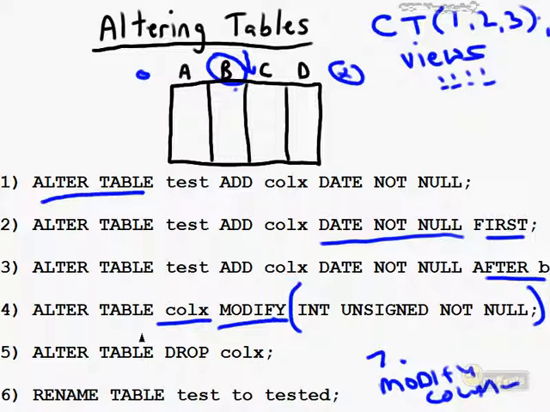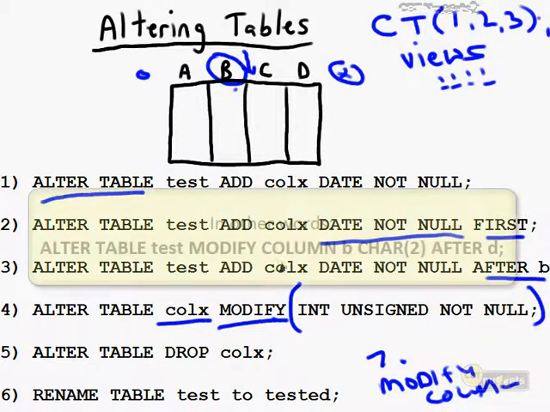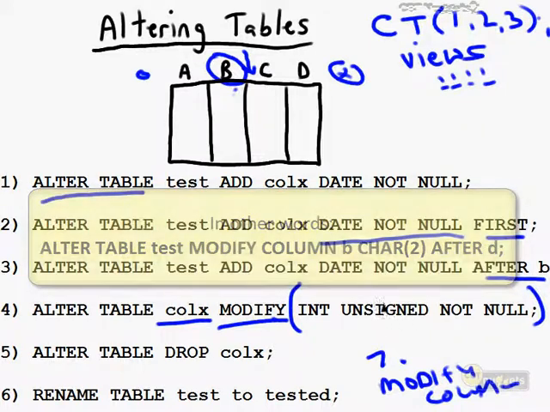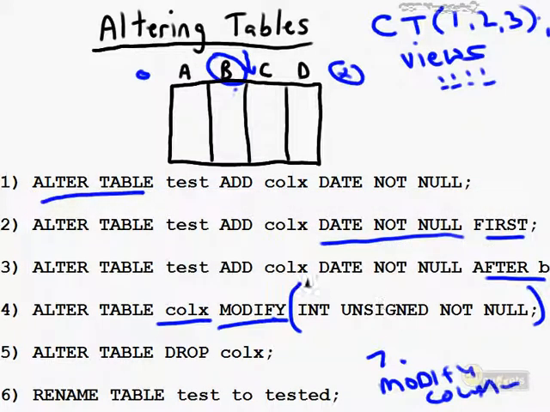So to recite the syntax, it would be alter table test, modify column colX. Let's just say that B is colX. And then you'd specify either after, before, or first, and then the column name to put after, before, or in the case of first, that's referring to position 1. Therefore, we would say modify column B, and then the data type, after D.